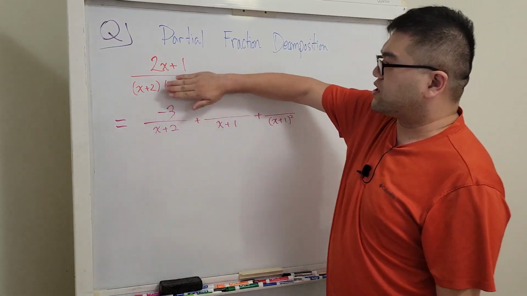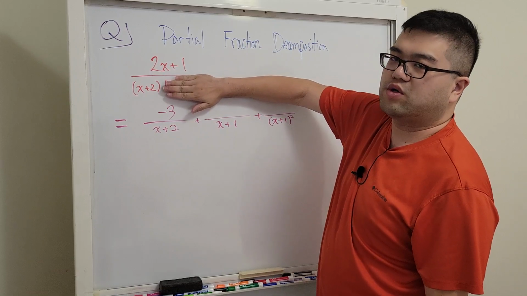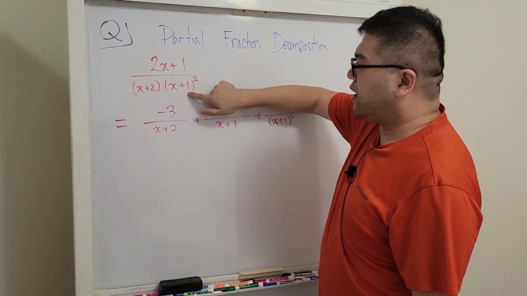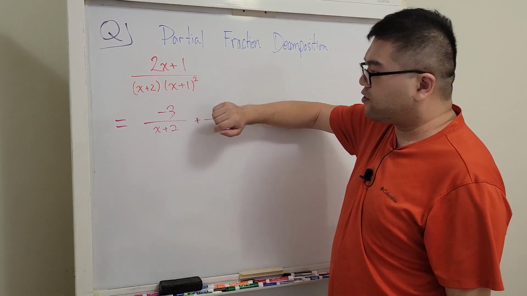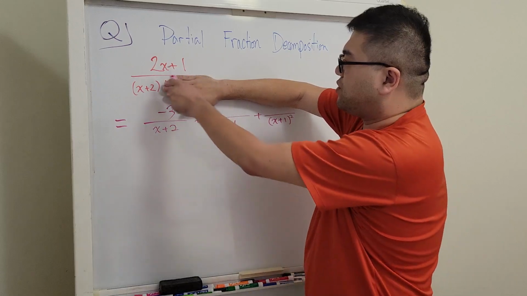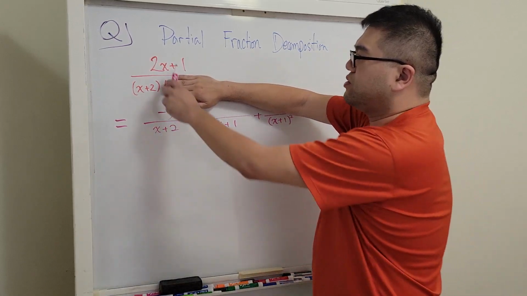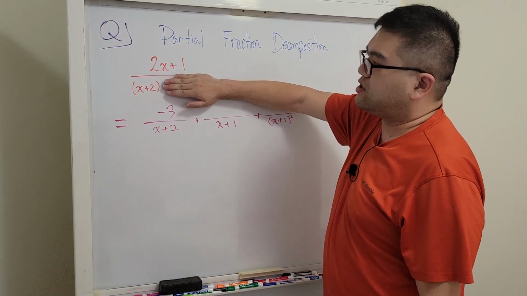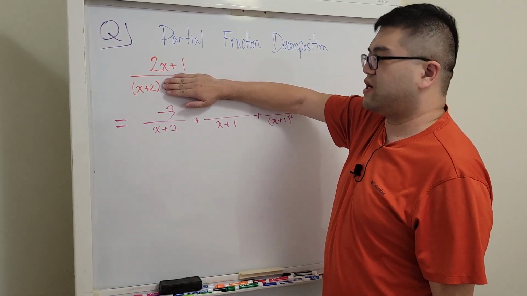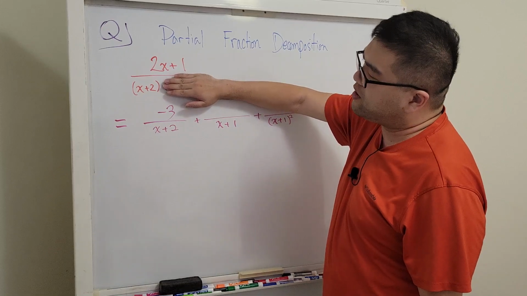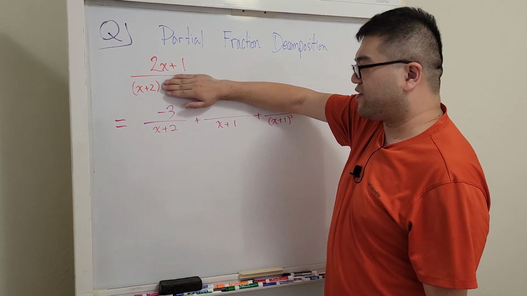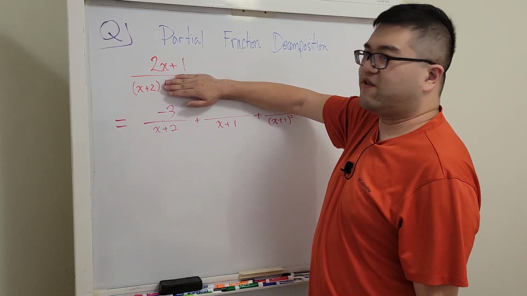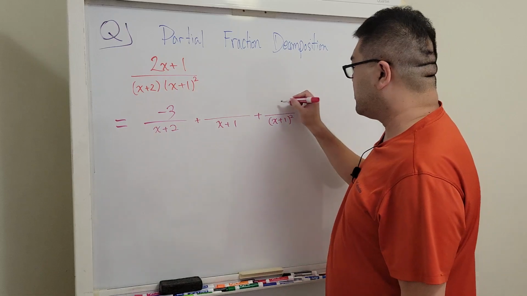To do so, we're just covering the whole x plus 1 quantity squared and set x equals -1 based on the part that we covered, and then substitute into the original expression without the part that we covered. So we get the numerator as 2 times -1 plus 1, which is -1, over the denominator, which is -1 plus 2, which is equal to 1. So in fact, we get -1 over 1, which is -1 here.